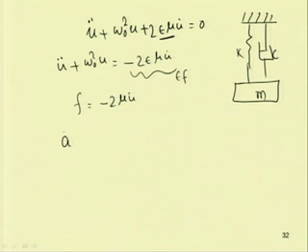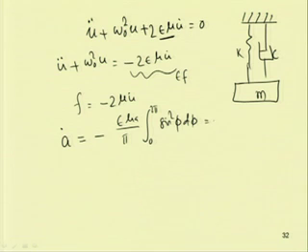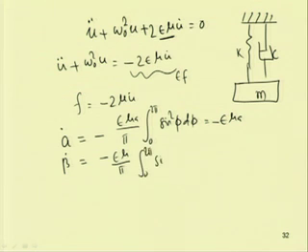one can write a dot equal to minus epsilon mu a by pi integration 0 to 2 pi sin square phi d phi. So, this becomes minus epsilon mu a. Similarly, beta dot one can write equal to minus epsilon mu by pi integration 0 to 2 pi sin phi into cos phi d phi, and this integration 0 to 2 pi becomes 0.